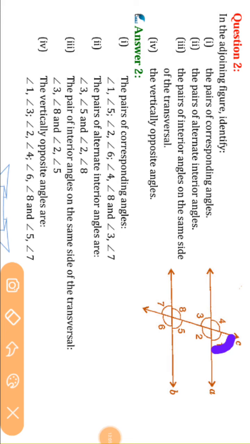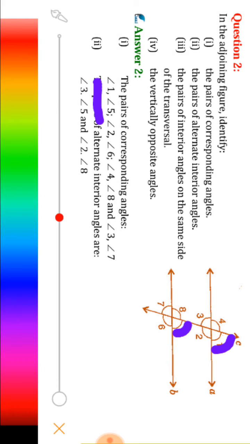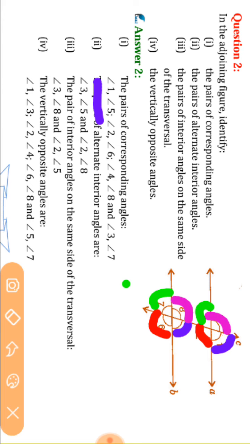So 1 and 5, isn't it? So 1 and 5. Again 2 and 6. Okay. Then 4 and 8. Again 3 and 7. Okay. All are the corresponding angles.